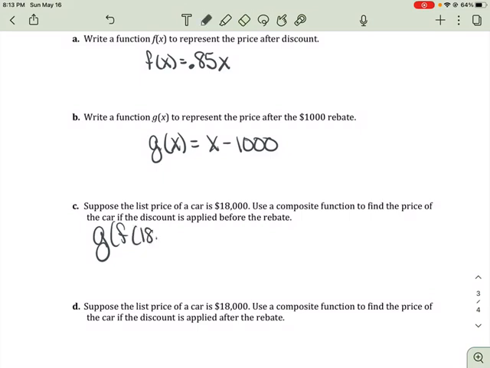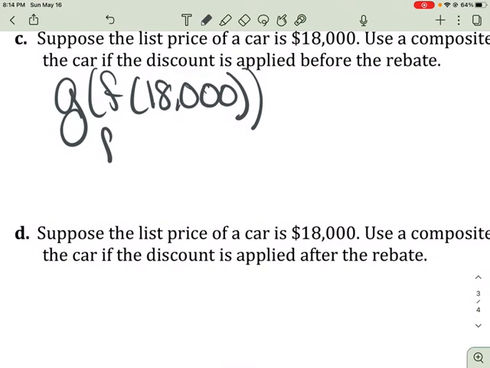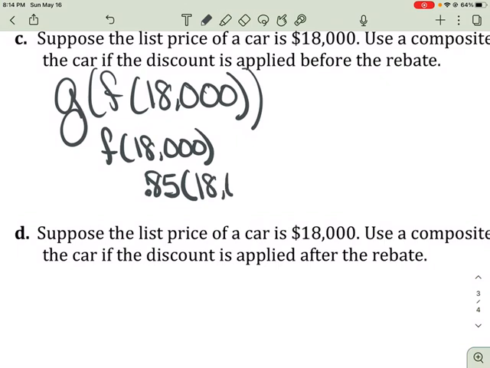So we're going to find 18,000. And we're going to apply the discount first and then subtract the 1,000. So f of 18,000. So that's 0.85 times 18,000. Okay, I need my calculator for that because I don't have it up on my iPad here.